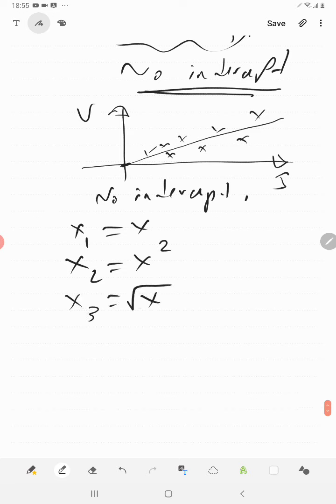So this is a nonlinear function. It has variable 1, which is x, variable 2, which is x squared, and variable 3, which is square root x. You can add variable 4, for example, exponential, and so on.